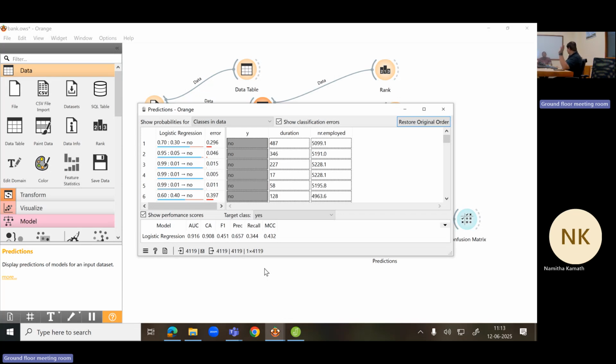So I just showed you with extreme situations. Slowly on this side, we can find which ones are more significant. The nr.employed and duration are definitely the must-haves. And then we can keep adding some things that are significant.